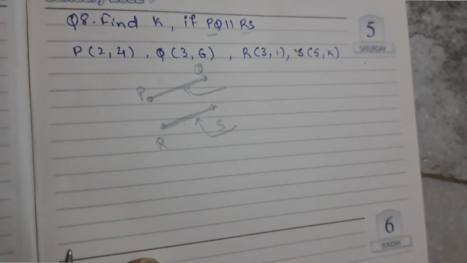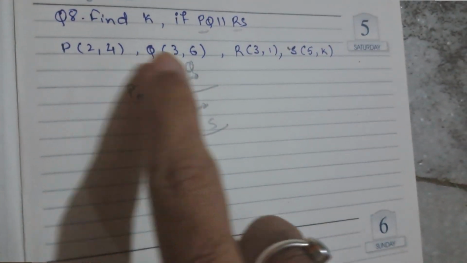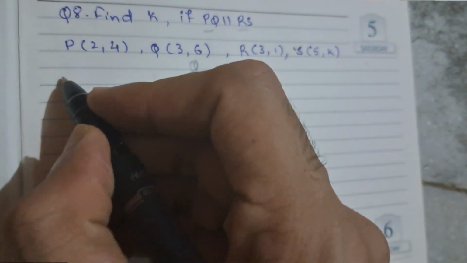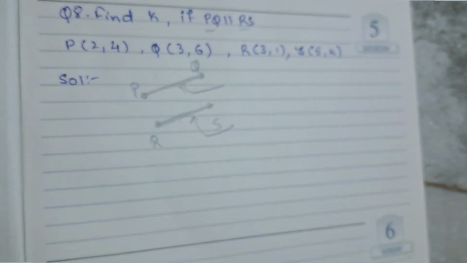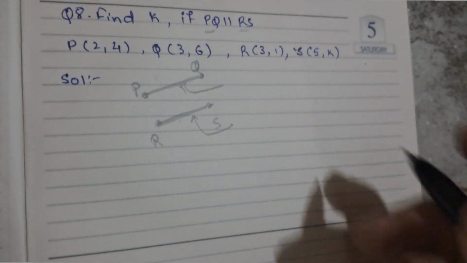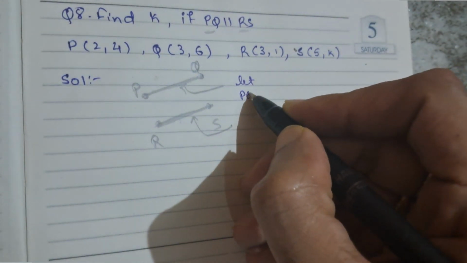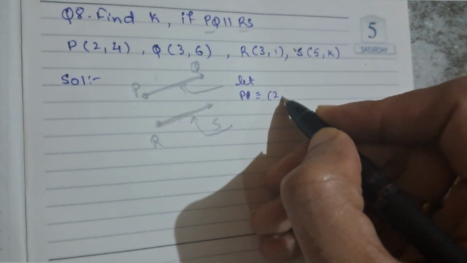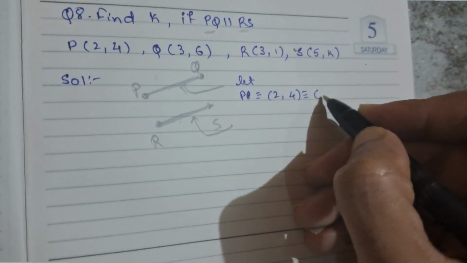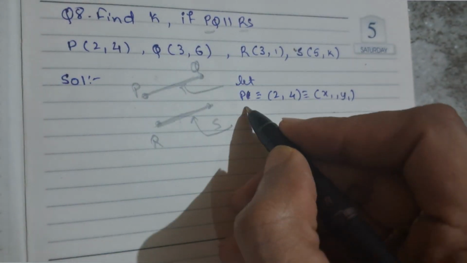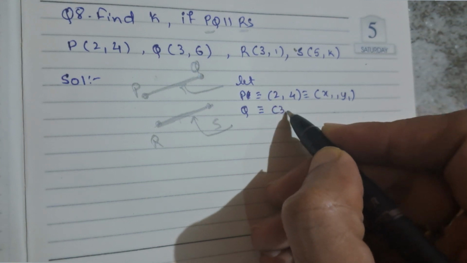So let us first of all name everything. This is P, Q, R and S, right? So we'll have to name everything as x1, y1, x2, y2. So let me start the solution like this. Let P, which is (2, 4), be x1, y1. Then Q is (3, 6).